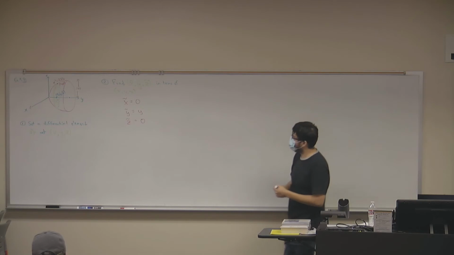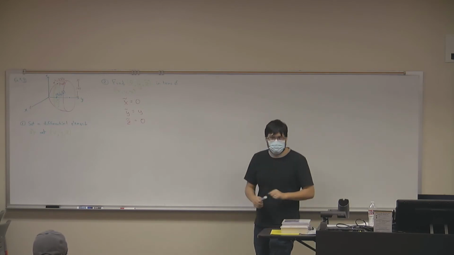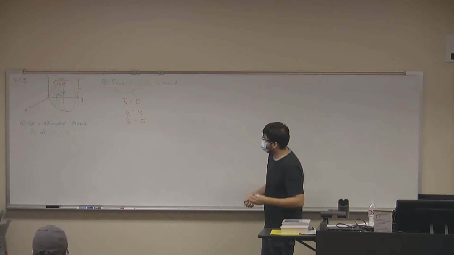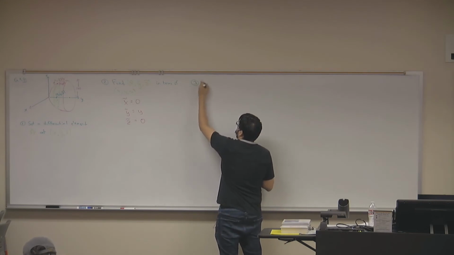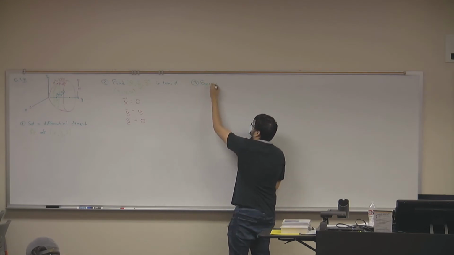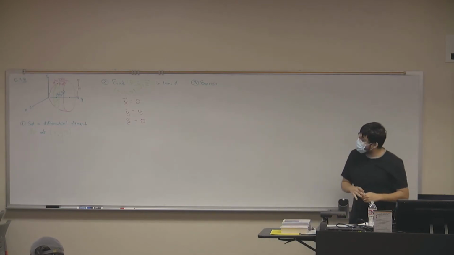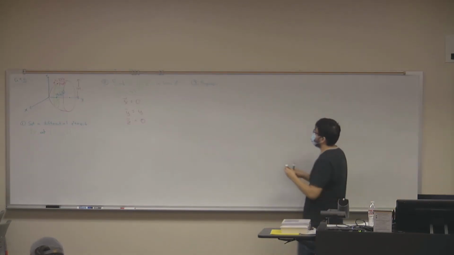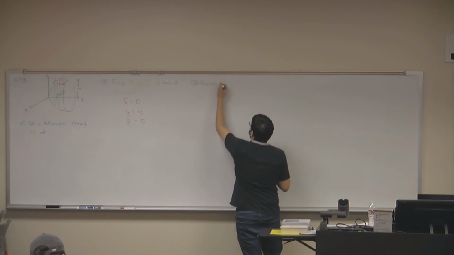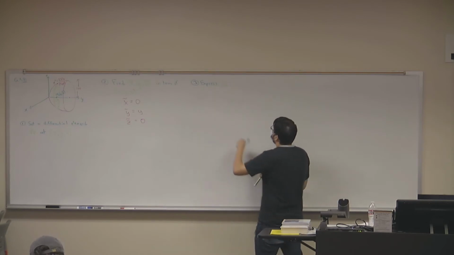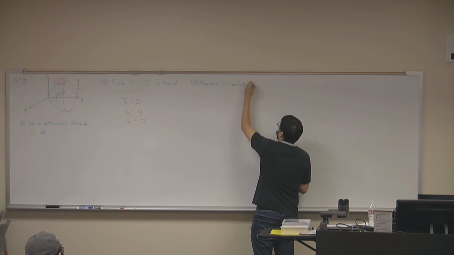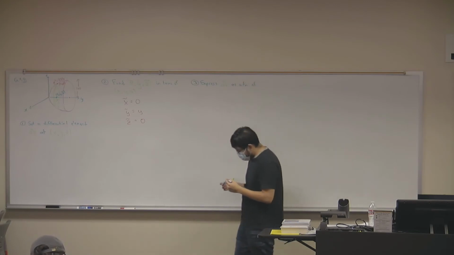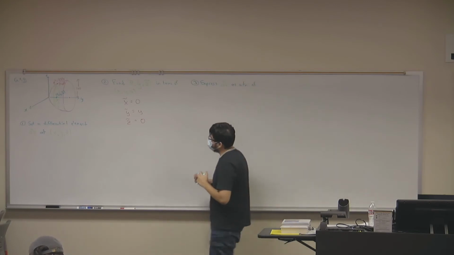All right, step number 3. We want to express our differentially small volume, which I'm going to call dV, as a function of dx or dy or dz.